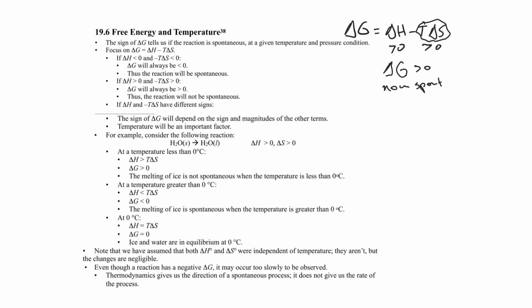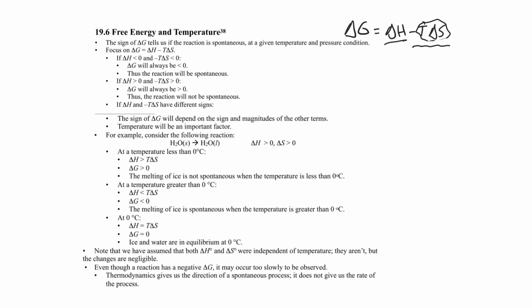So you're just making predictions. That's all you're doing. The only weird situation is if one of these is going to be positive and the other one negative, then delta G is going to be based upon how positive and how negative they are.